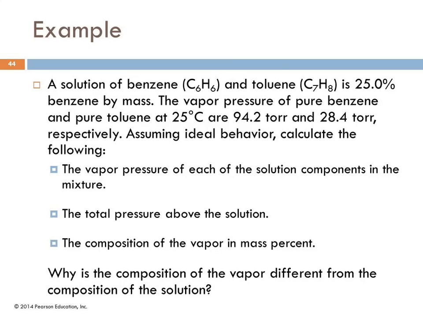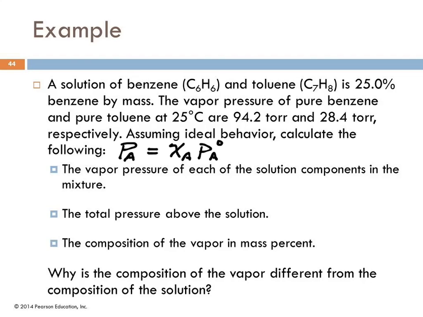Well, that's the same equation we used before. The vapor pressure of the part that we're interested in, let's call it A, is going to be the mole fraction of A times the standard or normal vapor pressure of A. I wasn't real careful when I wrote the equation in the previous example.